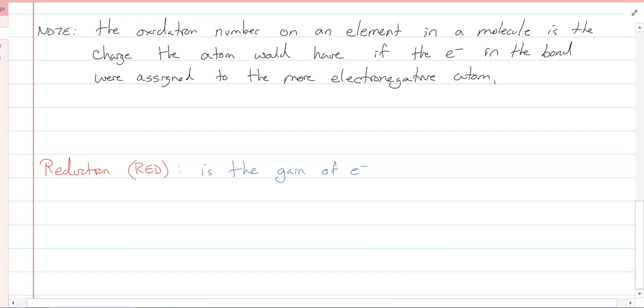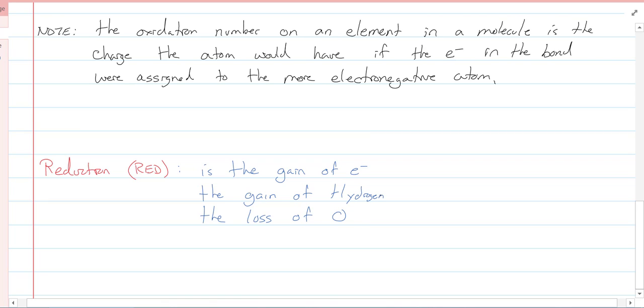A lot of times it's also the loss, well, it's also the gain of H and the loss of oxygen. It's the gain of hydrogen.